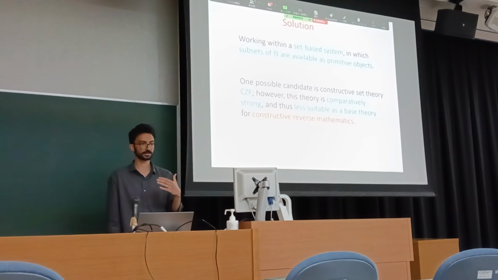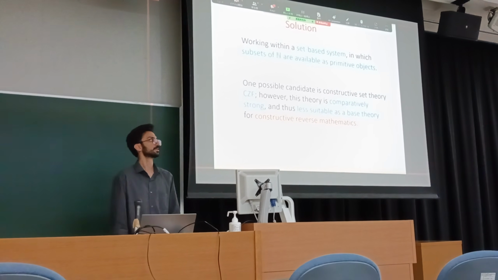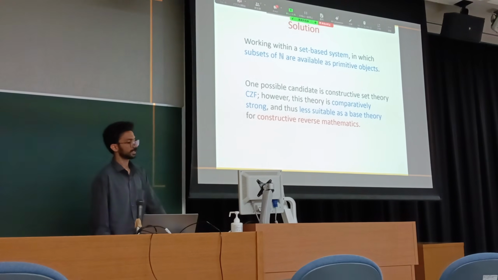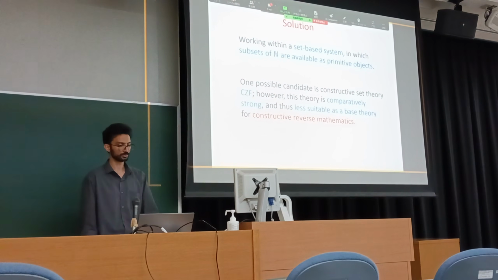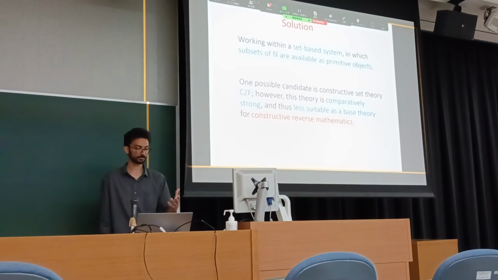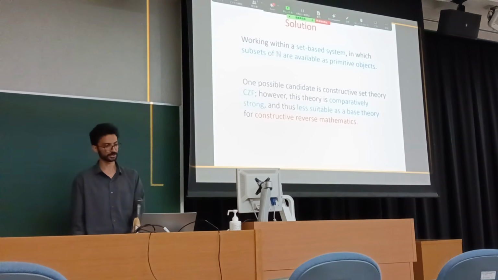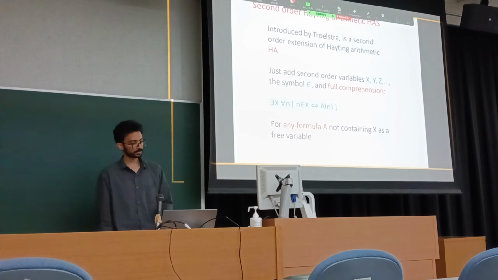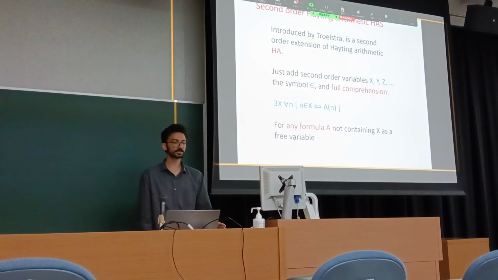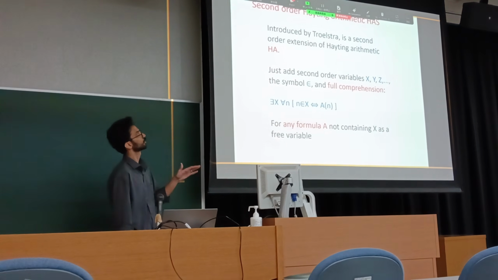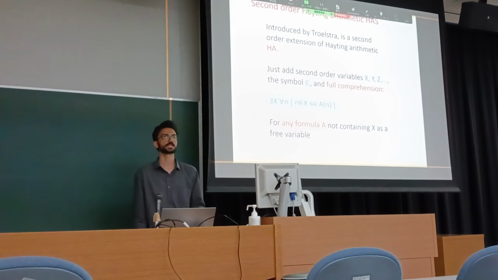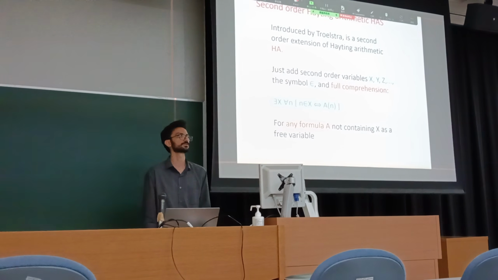Therefore, we need a rather weak theory, and CZF is too strong to be a weak formal base theory for constructive reverse mathematics. But fortunately, there is another set-based system, called second order Heyting arithmetic, HAS, introduced by Troelstra.